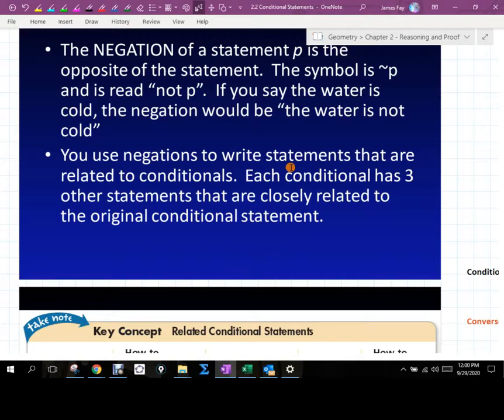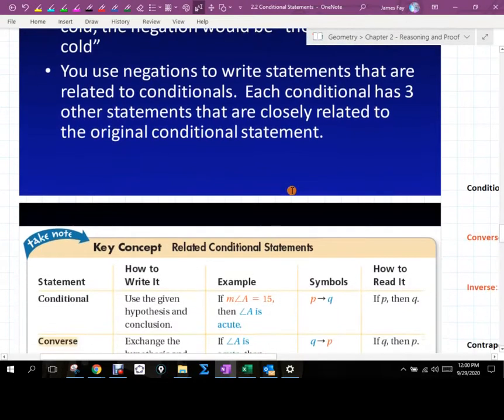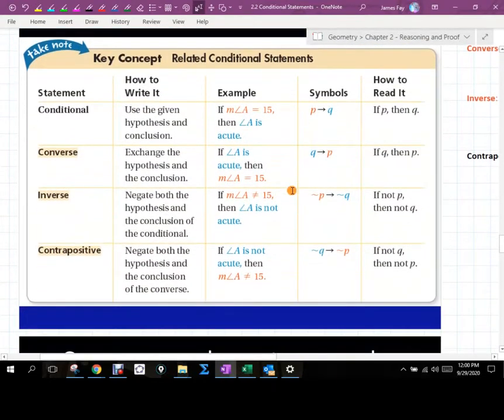Does that make sense? And if I'm able to answer those as true or false easier, that will lead me to the true or false of the original much easier, you'll see an example here. So we'll see some examples of that in a moment. But here are the three related statements. Now, these are all conditional statements.